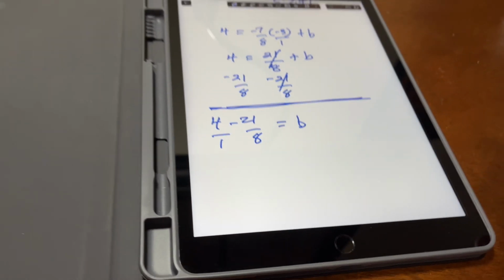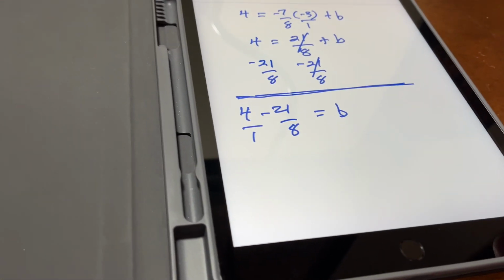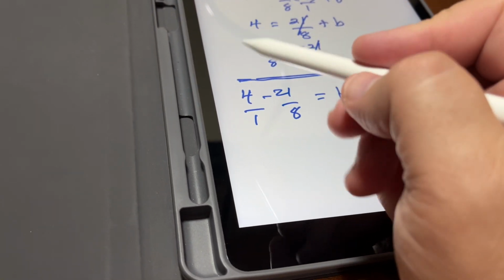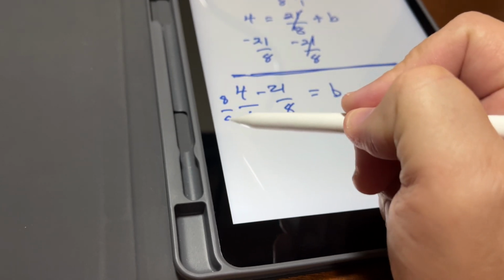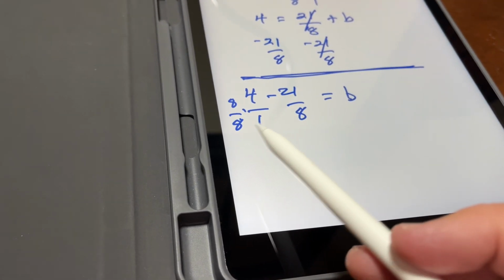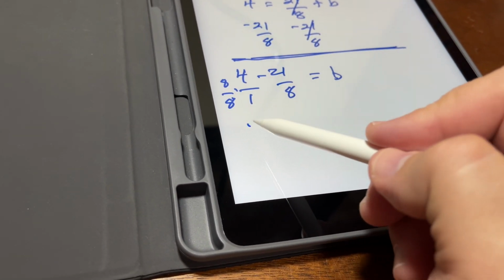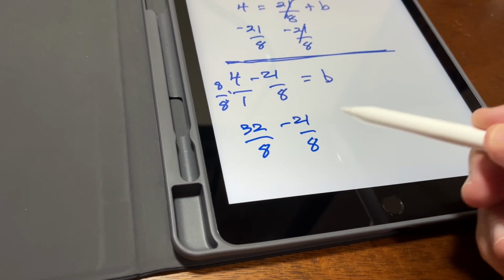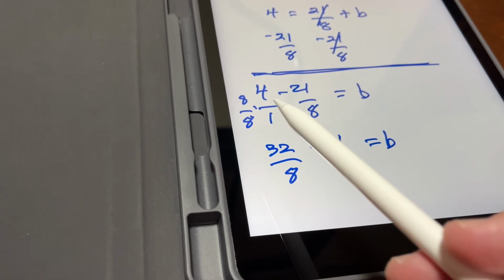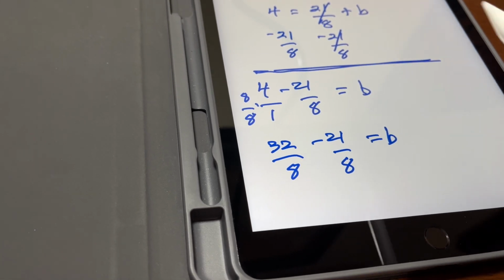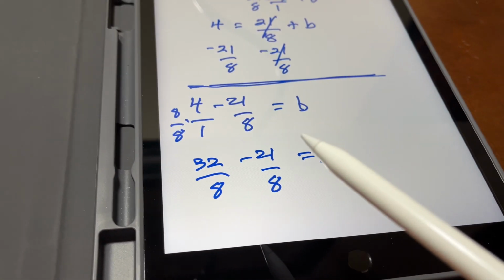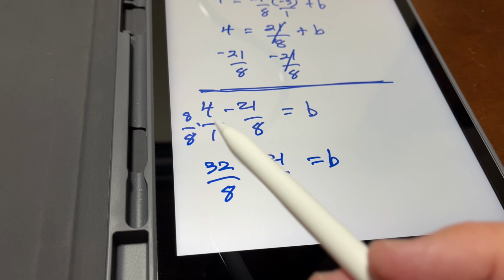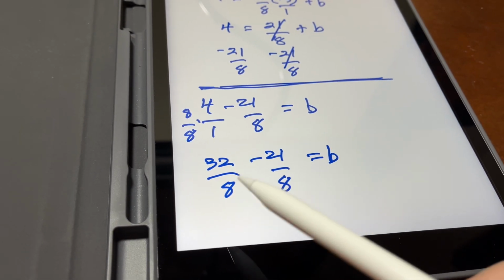Now we're going to subtract those fractions. You can do that a number of ways. What I'm going to do is multiply by 8 over 8 over here. That way I'll have a common denominator of 8. So I changed this 4 over 1 to 32 over 8. Now, 32 over 8 is 4, but now I have an 8 here, so I can subtract these.